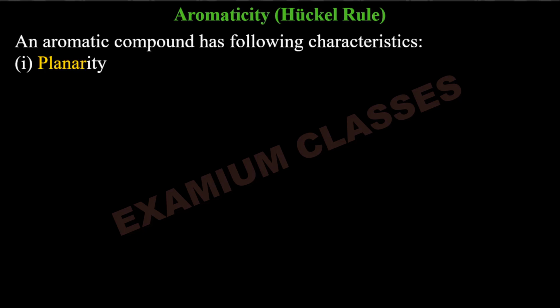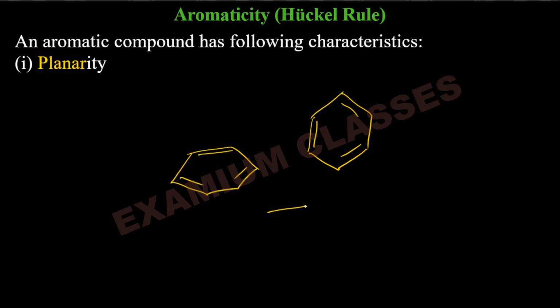First is planarity, means the ring, I am talking about this ring, for example, simplest form, benzene ring. This must be in a plane. So if I draw this ring like this, it can't be that we have this here, and then this one in some other plane.